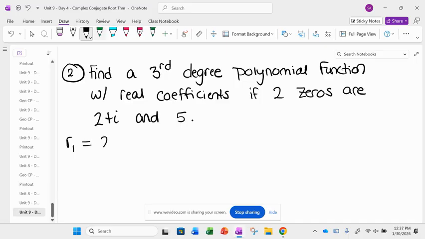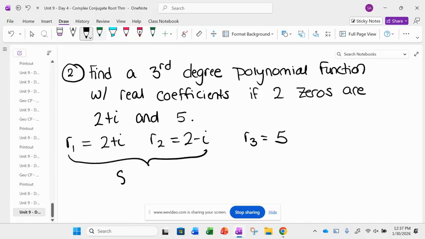So if root 1 is 2 plus i, what's root 2 have to be? 2 minus i. And root 3, they told us, is 5. So now I'm going to use the first two roots and use sum and product to find the factor.